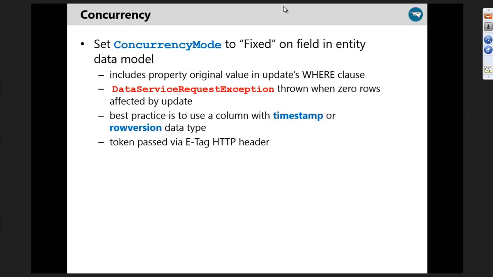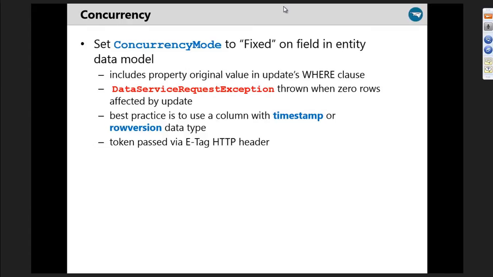So one way of dealing with concurrency in the database, and then changing the data services to basically utilize what you've already done in the database, is to use a column with a timestamp or a row version, and then indicate that to data services, and that token will be passed with the eTag HTTP header.